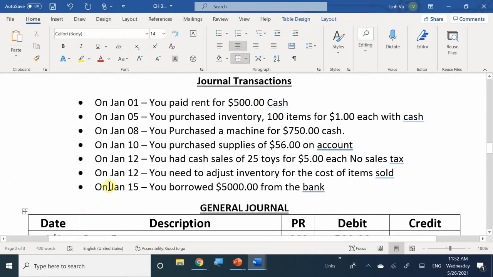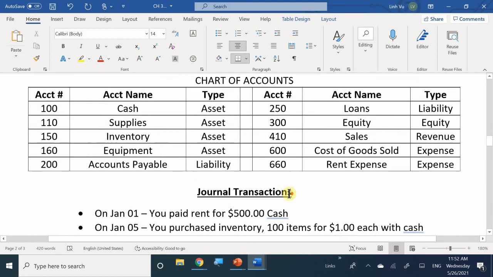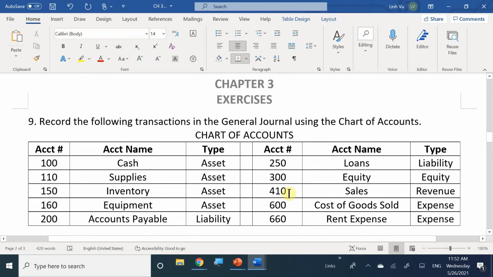Last but not least, on January 15, you borrowed $5,000 from the bank. Let's take a look here. Accounts payable. Okay, so here, are we owing a random person? No, it's the bank.